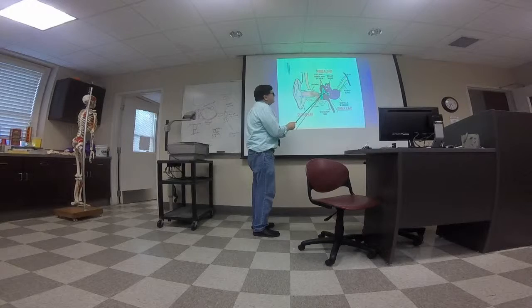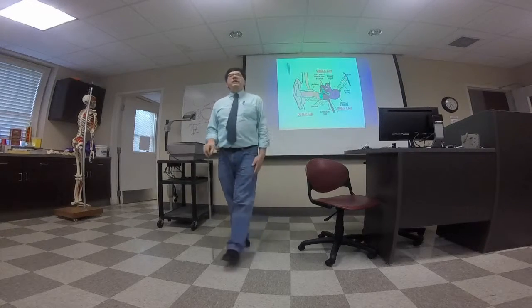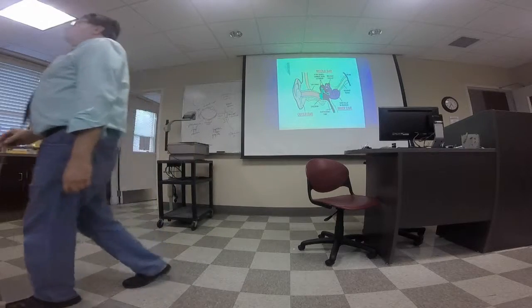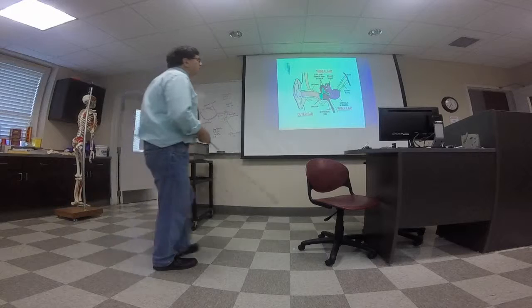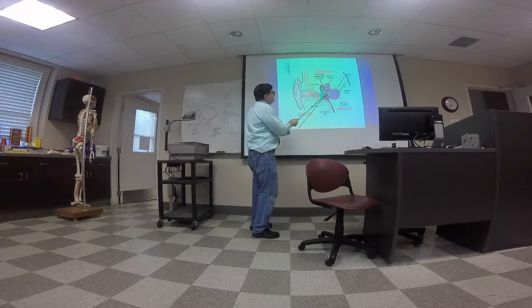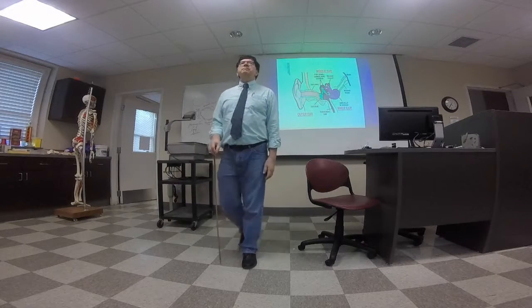The one attached to the tympanic membrane is called the malleus, which means a hammer. The middle bone here, or ossicle, is called the incus, which is in reference to an anvil. I guess it reminds people of an anvil. And then this one is called the stapes, which is a reference to stirrups.